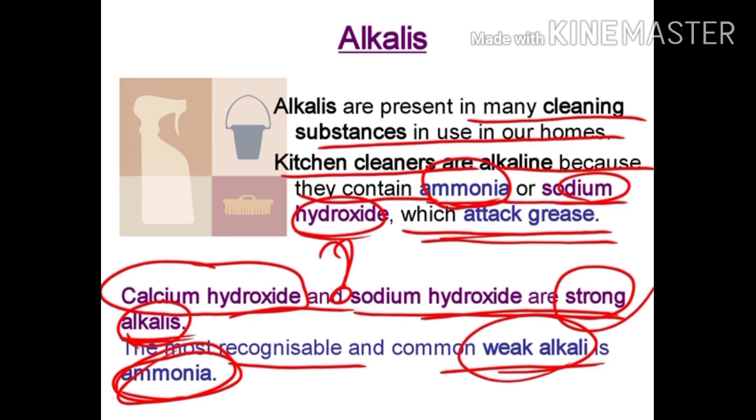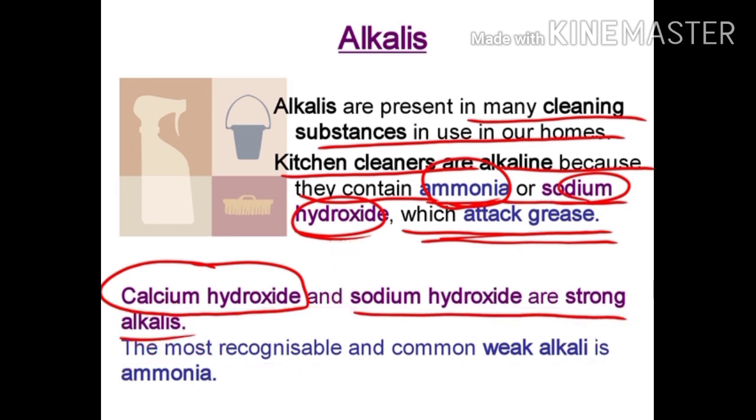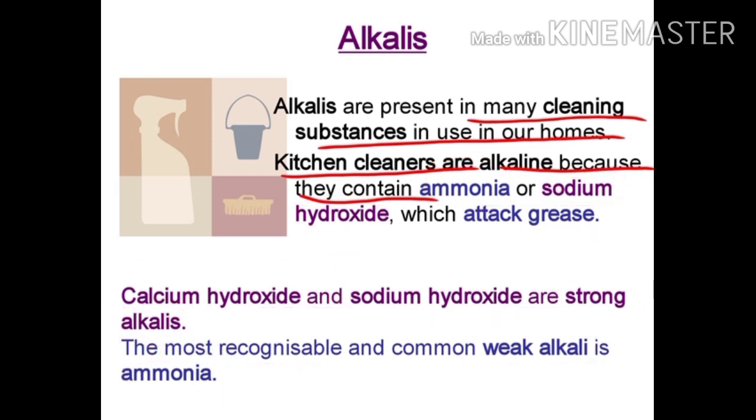For example, suppose I take 500 moles of any base and put it in water, and all 500 moles dissociate into their ions, it will be called a strong alkali. And if only a few moles are dissociating, we call it weak. So make sure that weak and strong are classified on the basis of dissociation.